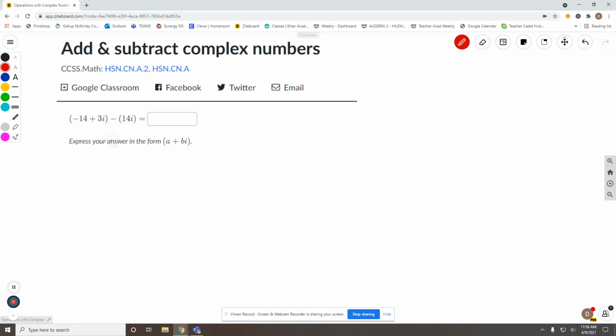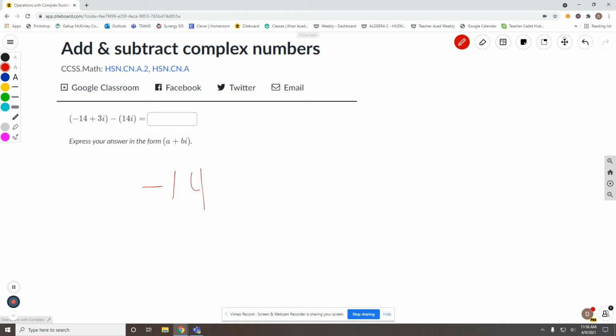But I want you to notice they're parentheses, but what's in between the parentheses? You should see a subtraction sign. So that means we're not going to multiply, we're going to subtract. The reason they're using parentheses in here is just to differentiate. This is our first term, and we're subtracting our second term.